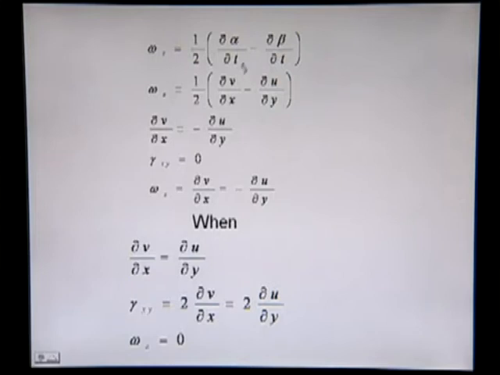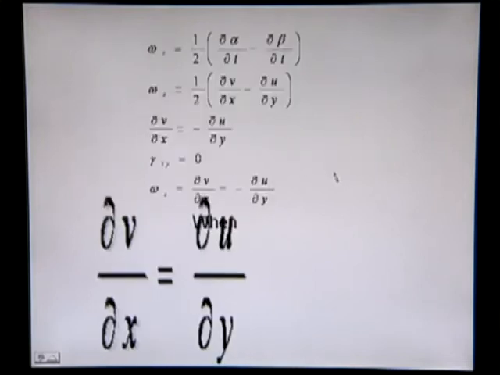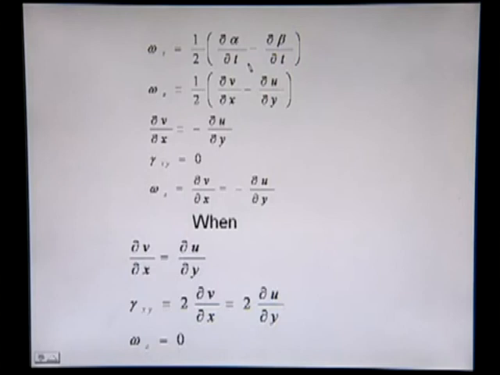Delta alpha over delta t and delta beta over delta t we have already calculated in terms of the velocity gradient. After substituting, delta alpha over delta t is equal to del v over del x and delta beta over delta t is equal to del u over del y. So with the help of these deformations, we can substitute the values of alpha and beta in terms of the velocity gradients in the x direction and y direction.